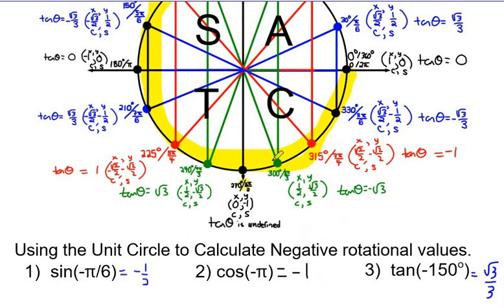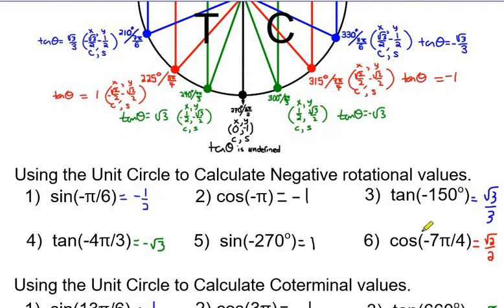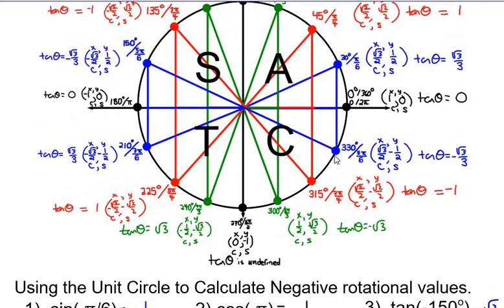All right, the last one on these examples would be what happens if we're trying to find cosine of negative 7 pi over 4. And again, this is really going to be important about what quadrant that's in. So if I looked at the fact that this is really close to negative 8 pi over 4, that's telling me this is in quadrant 1, because 8 pi over 4 would be 2 pi.